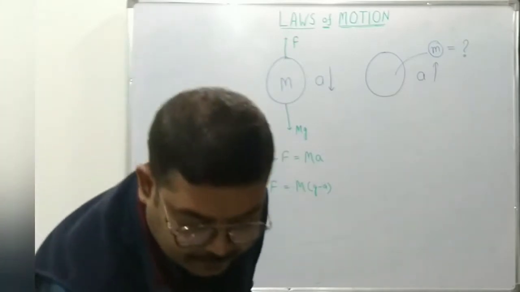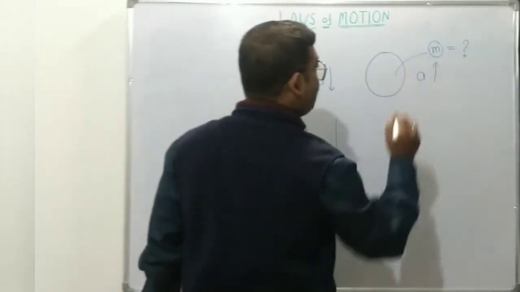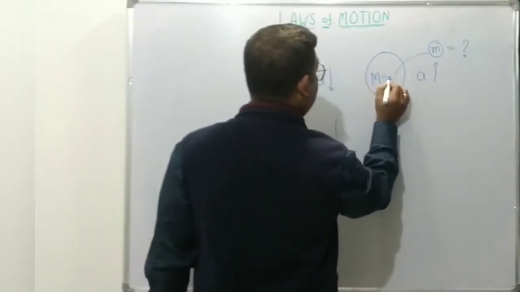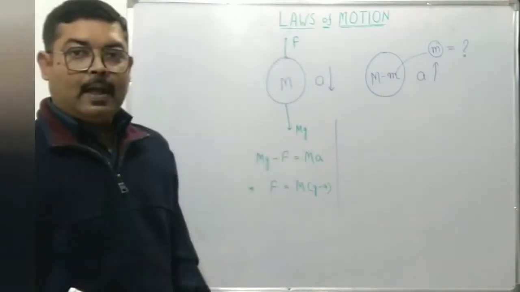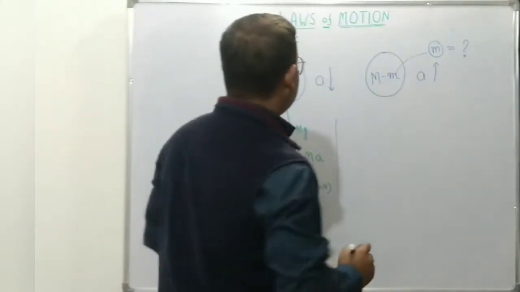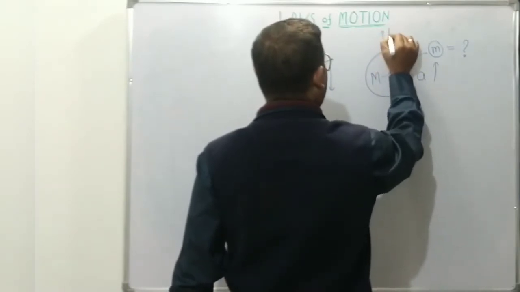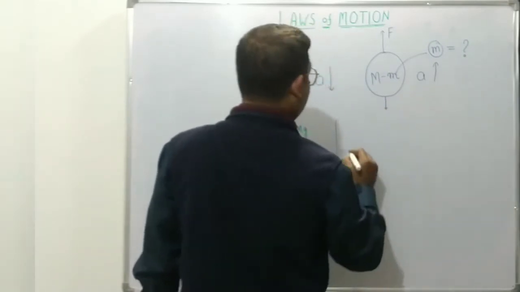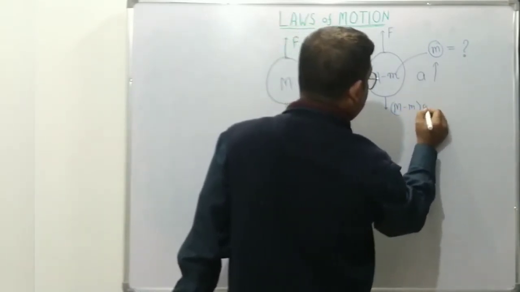Part 1. Now, when mass m is taken out of the balloon, the remaining mass of the balloon becomes M minus m. And in this case also, this upthrust F will be there. However, the downward force now becomes (M minus m) into g.